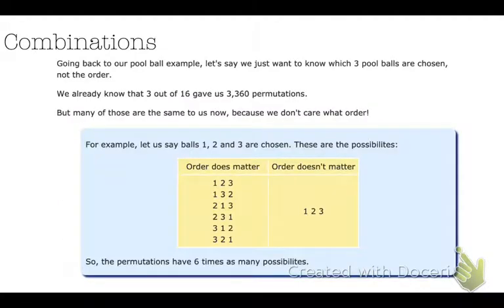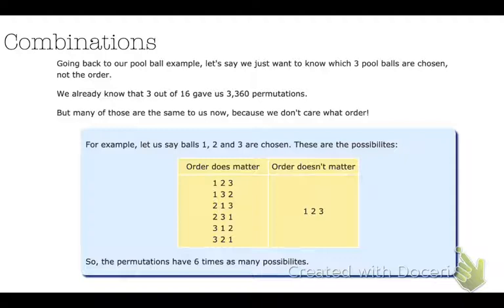So going back to our pool example, let's say we want to know which 3 pool balls are chosen, not in order. We already know that 3 of them gave us the 336. But now let's say that we don't care about the order that they're chosen. We just want 3 pool balls to be chosen. For example, let us say balls 1, 2, and 3 are chosen.